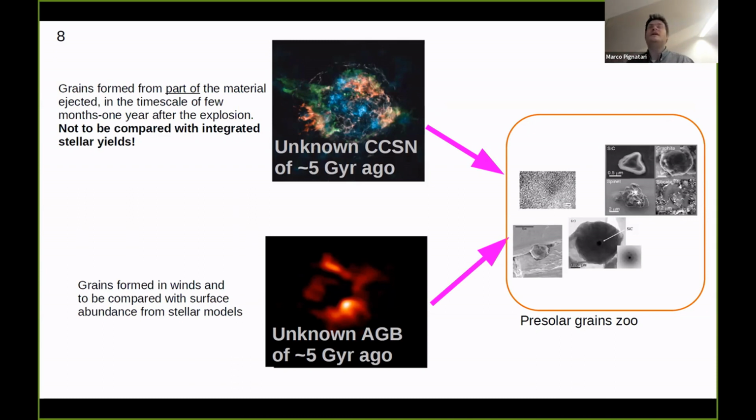By working with the idea that supernovae that exploded 5 gigayears ago were not so different from the supernovae exploding now, for the core-collapse supernovae that exploded in the early stages of the galaxy, by studying these presolar grains we can get information about how core-collapse supernovae explode and what they make, and then apply what we understand from grains to many other applications, from galactic chemical evolution to general observations.